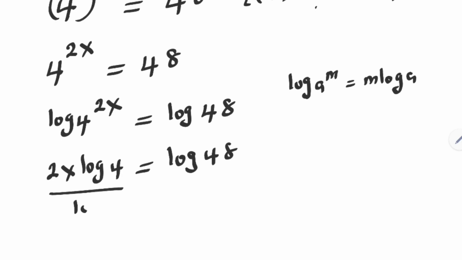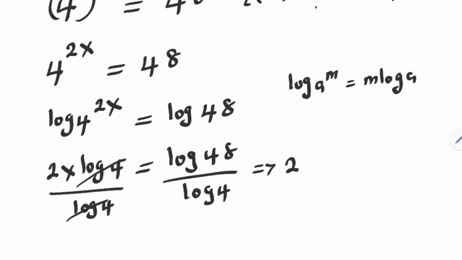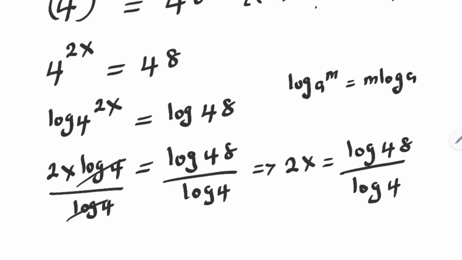This divided by log 4 and this divided by log 4. This log 4 cancels this log 4. 2x is equal to log 48 divided by log 4.